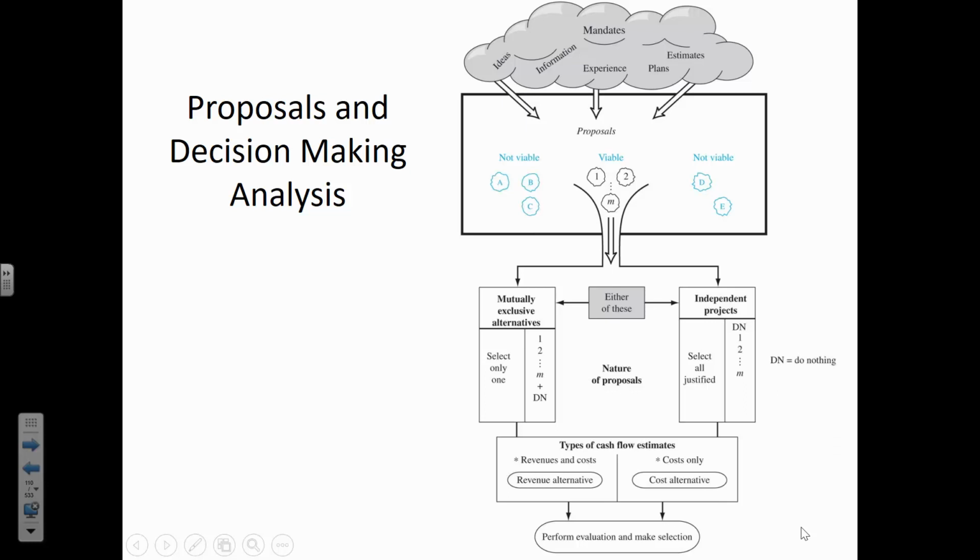So we're going to be focusing on decision making and analysis. The difference between the present worth method and present worth analysis is that in the present worth method, you're just finding out the value in present terms of some sequence of cash flow over time.